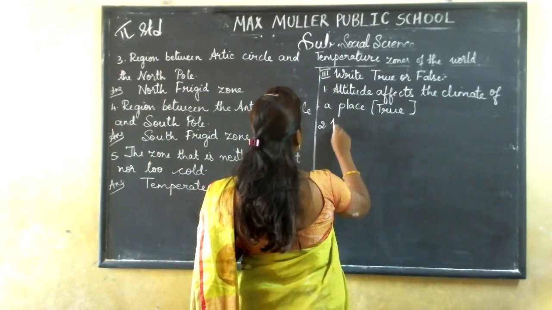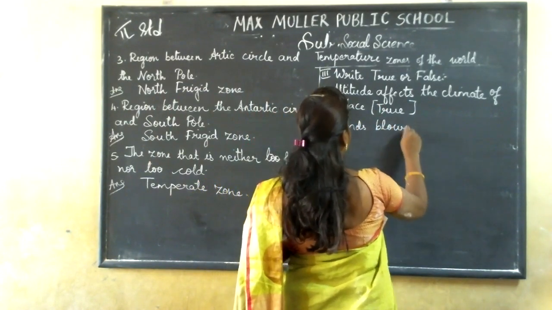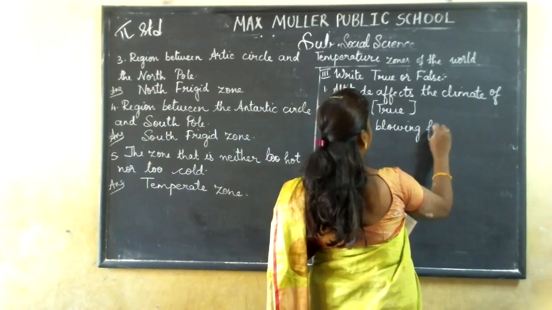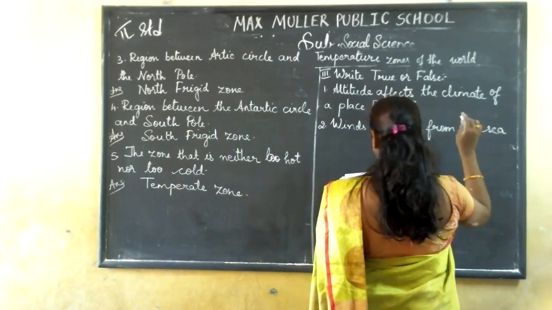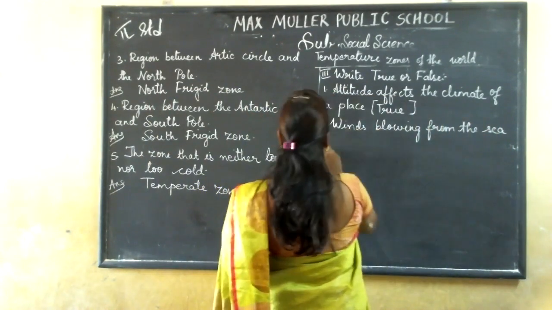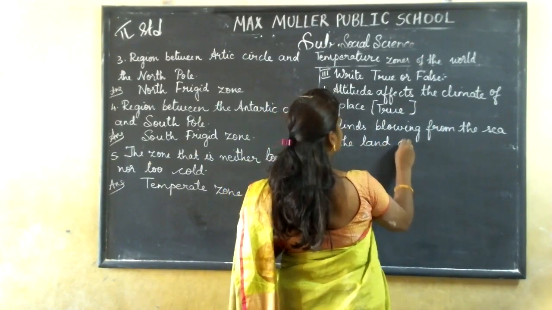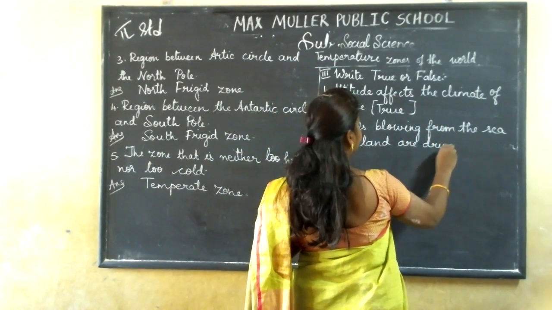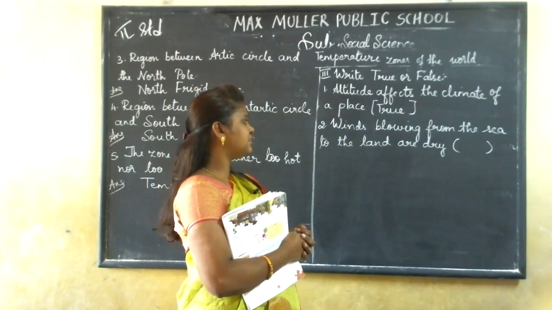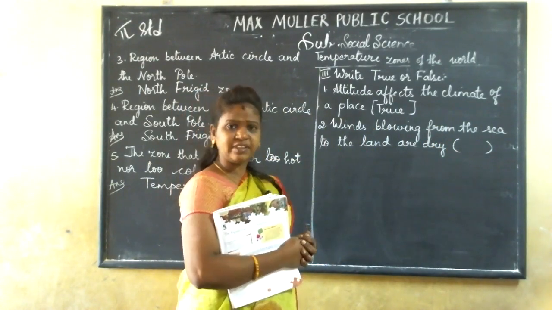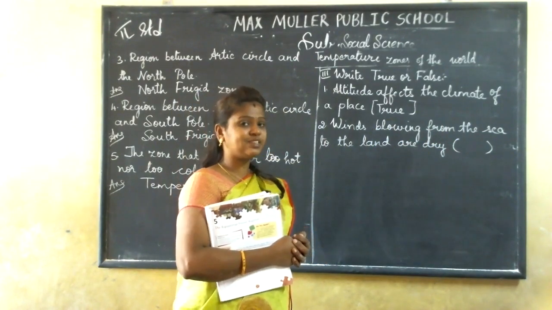Winds blowing from the sea to the land are dry. So children, what happens here? The winds which are blowing from the sea to the land are dry. Whether it is dry? No, because here the sea contains water.